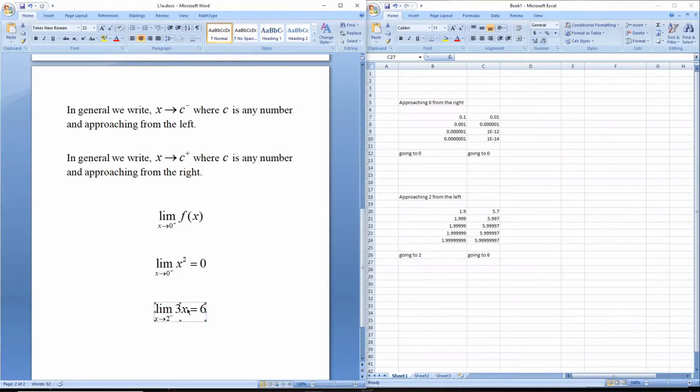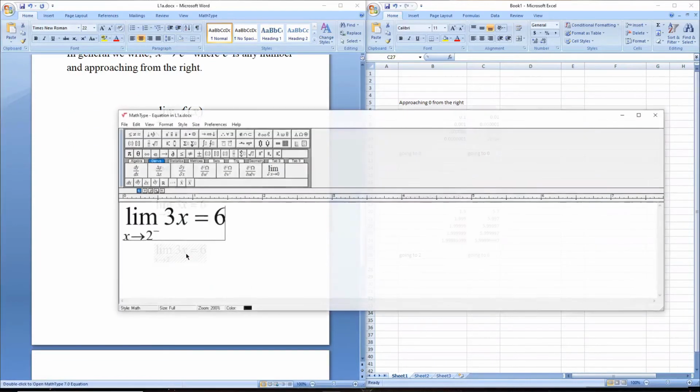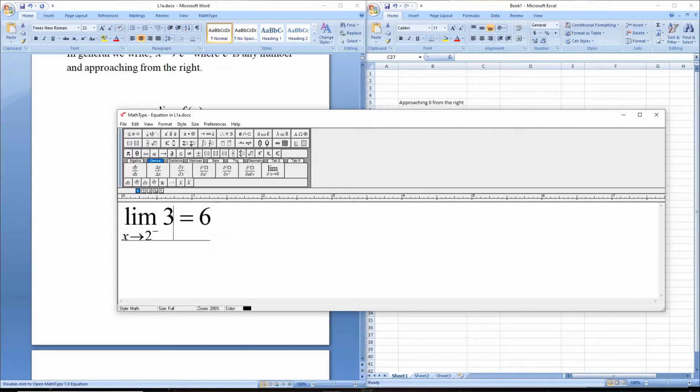So let's try another one. How about we take the limit of 2x cubed minus 4x, and let's approach 97 from the left.